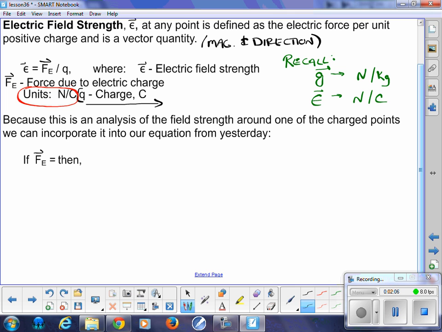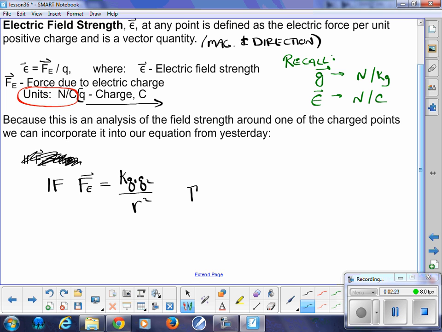So there's our Fe. Again, my formatting has gone completely, so I will fix it up. The electric force from yesterday is kQ1Q2 over r squared.